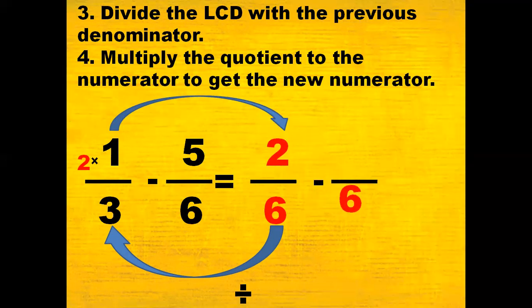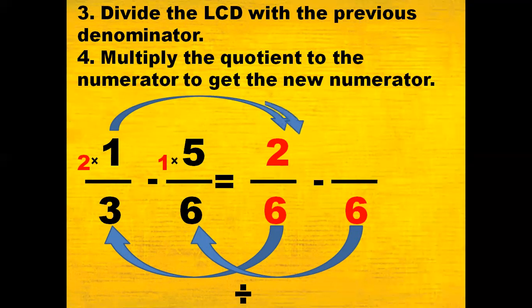And 6 divided by 6, the answer is 1. 1 times 5, the answer is 5. So it means that the equivalent fraction for 1/3 is 2/6. And 5/6 remains 5/6.